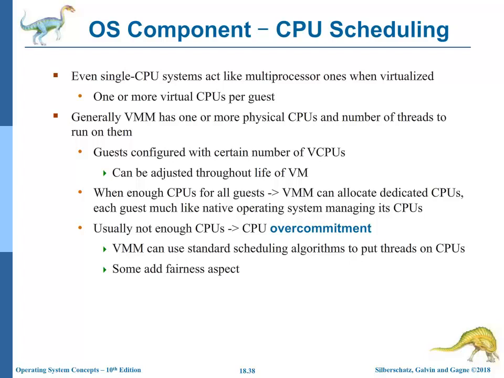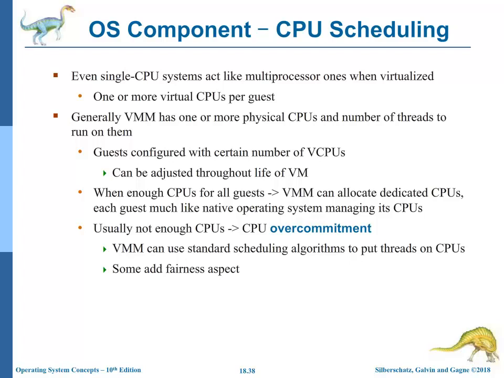So in this situation, the guests act much like native operating systems running on native CPUs. When there are not enough CPUs available, in this case we call it overcommitment, in which the guests are configured for more CPUs than exist in the system.